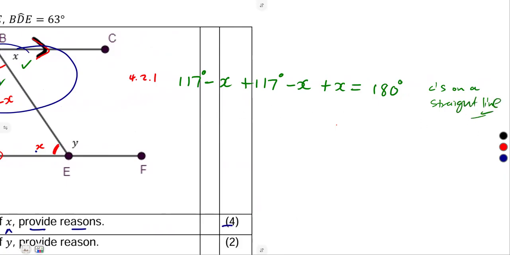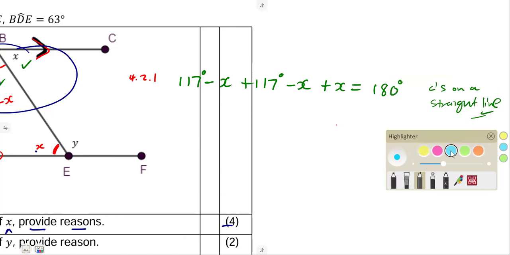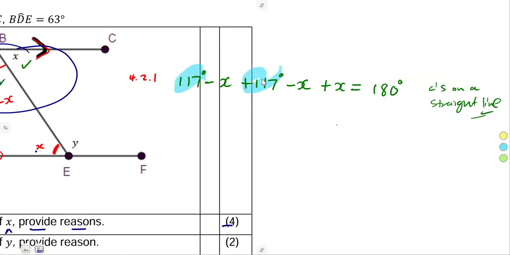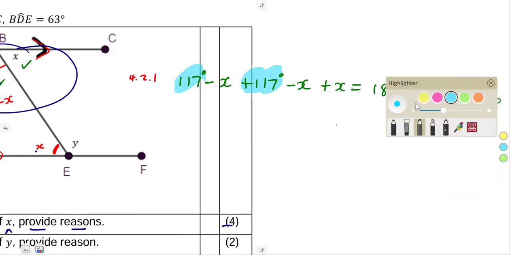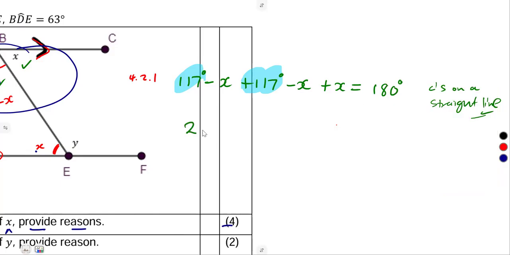So let us collect our like terms and solve for x. 117 added to 117 gives us 234. So 234 degrees minus x. All right, there's a minus x here and a plus x.